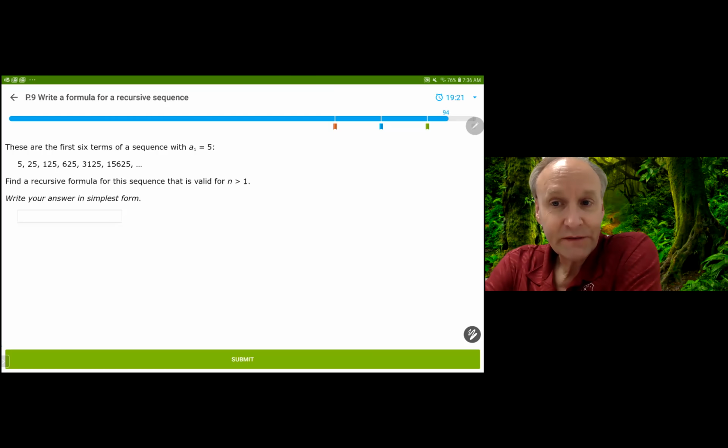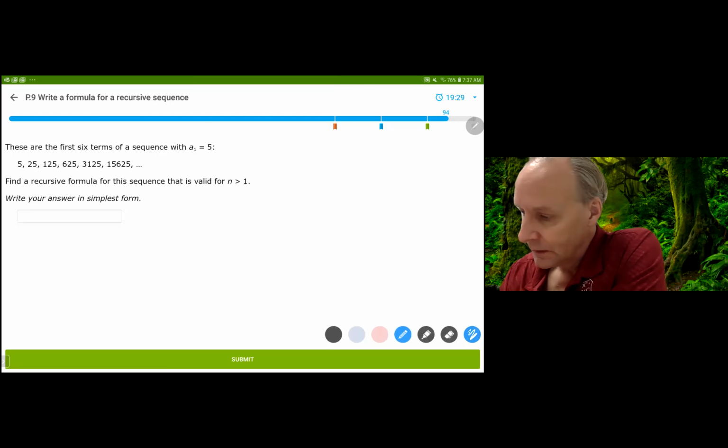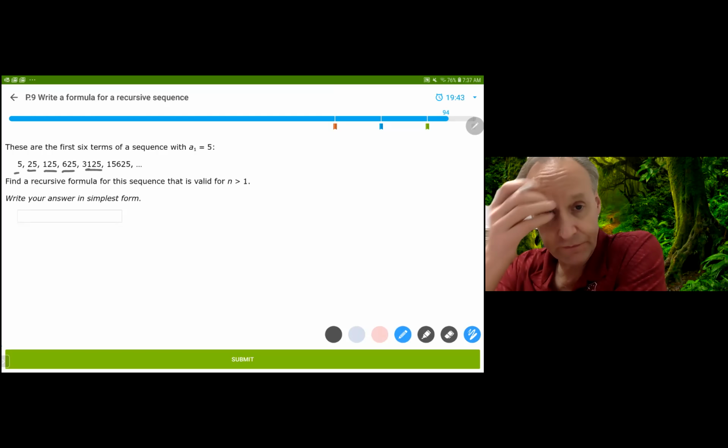This time we're multiplying by 5. These should be very familiar powers of 5, and I recommend memorizing this one. 5 squared is 25, times 5 is 125, times 5 is 625, times 5 is 3125. I would memorize these first 4 or 5 powers of 5.